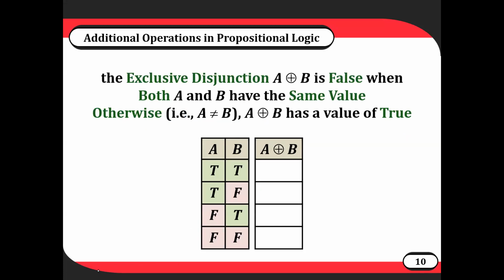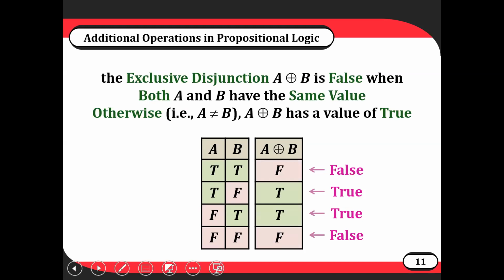If we have true exclusive OR true, A can be true or B can be true, but not both, so this is false. If A is true and B is false, then this is true because either A is true or B is true. If A is false and B is true, again this is true. And if they're both false, then this is false. So that's how you can express that operator using our truth table.